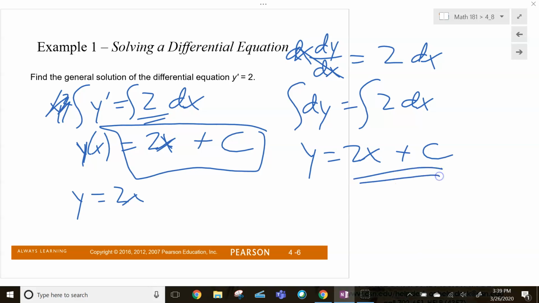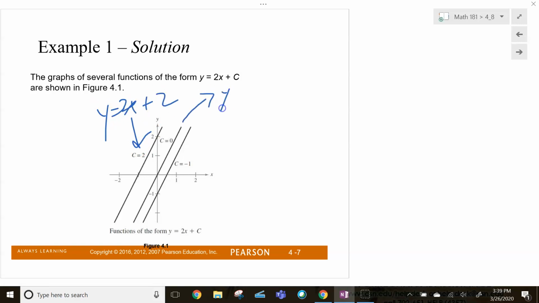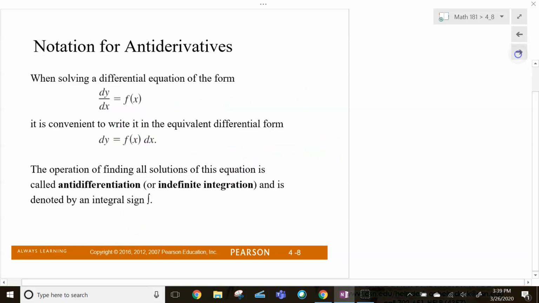Notice again, if I take this derivative, I get 2. So here's the family of functions. The constant might be 2, so 2x plus 2, or maybe it's 0, 2x plus 0, or maybe the constant's -1. Unless they give you more information, you just leave it with a capital C.